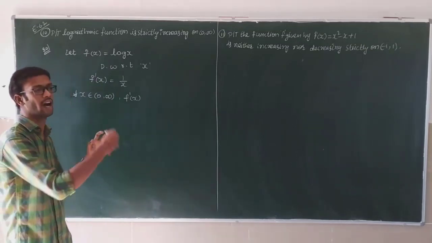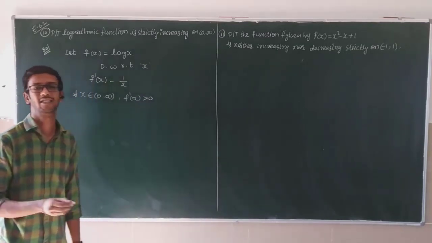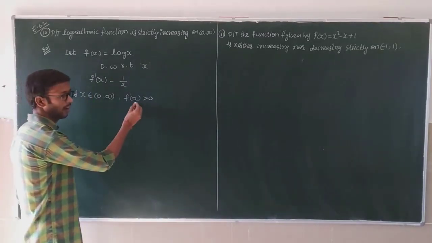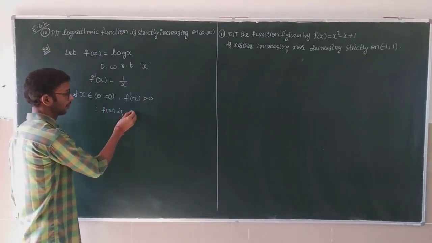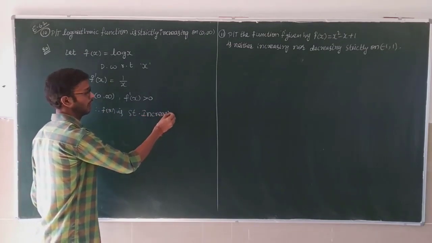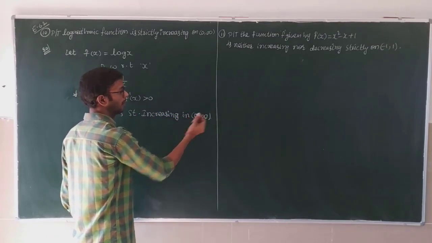Any number you take after 0, it will be greater than 0, and 0 also you won't get. So just greater than 0. f dash of x is greater than 0 means f of x is strictly increasing in the open interval 0 comma infinity.